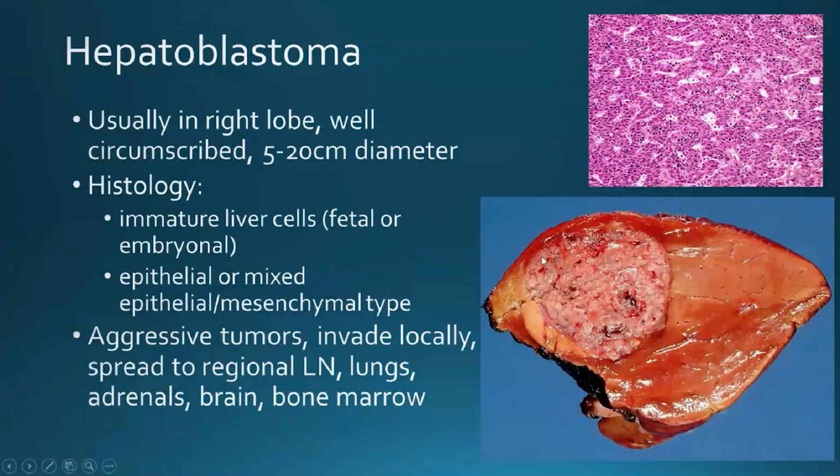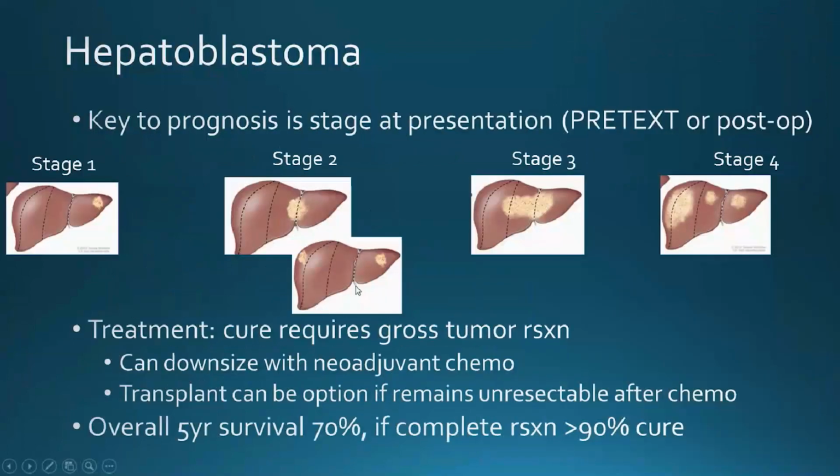But most of the time, if the tumor is localized in the liver, or has some extrahepatic extension, these patients do mostly respond to chemotherapy, and that's the basis of how to treat these patients.